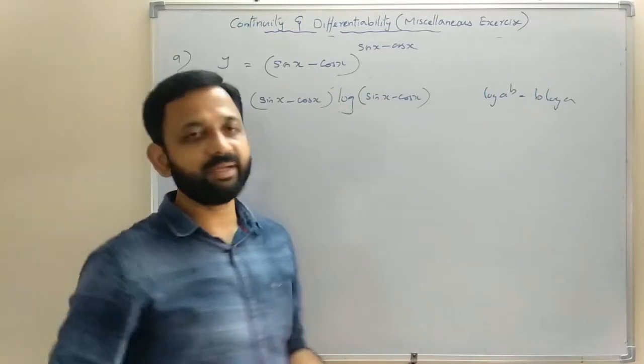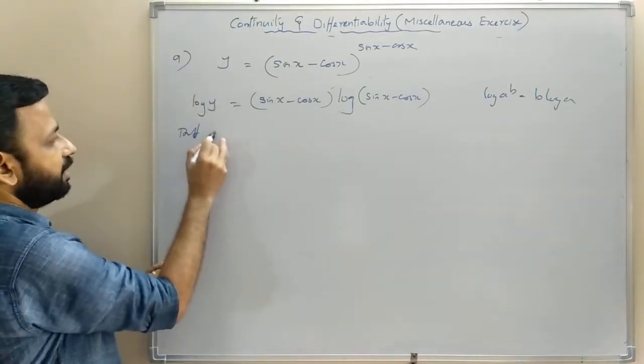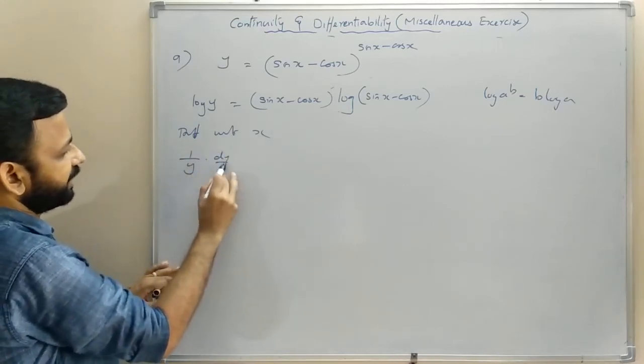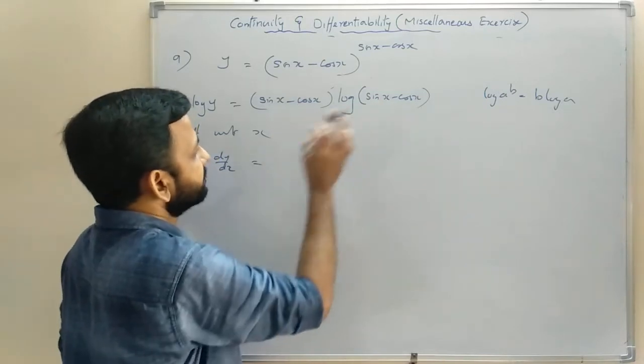Now we have to apply the product rule, differentiating with respect to x. So 1 upon y into dy by dx is equal to, by the product rule, this is the first function, this is the second function.